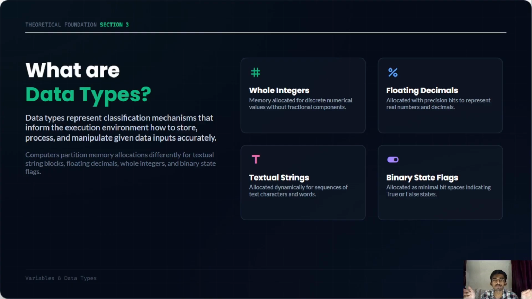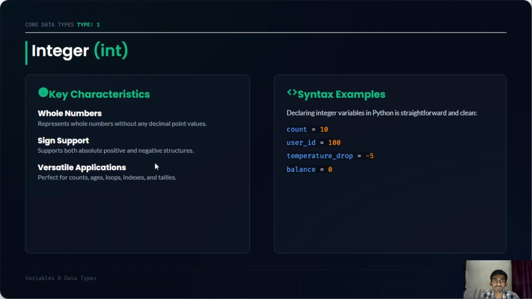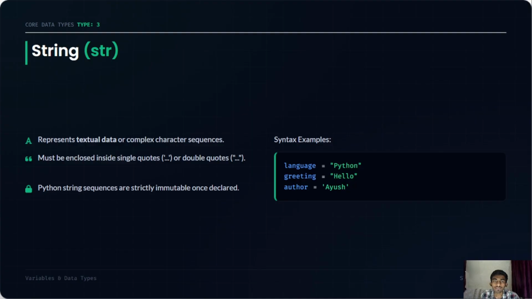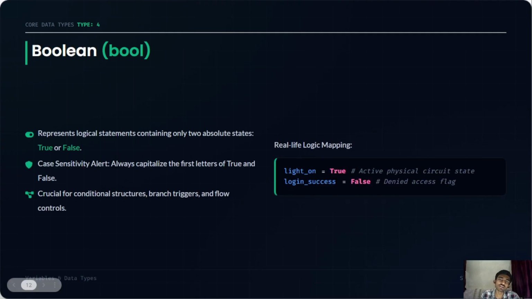The third one is a string, which mainly stores text like names, cities, addresses, messages. Everything written inside quotation marks is mainly a string. And after that we come to Boolean, and this is the easiest one as it has only two values, either true or false.